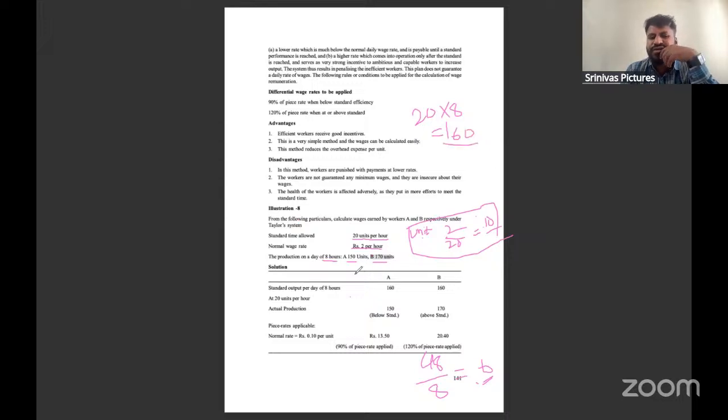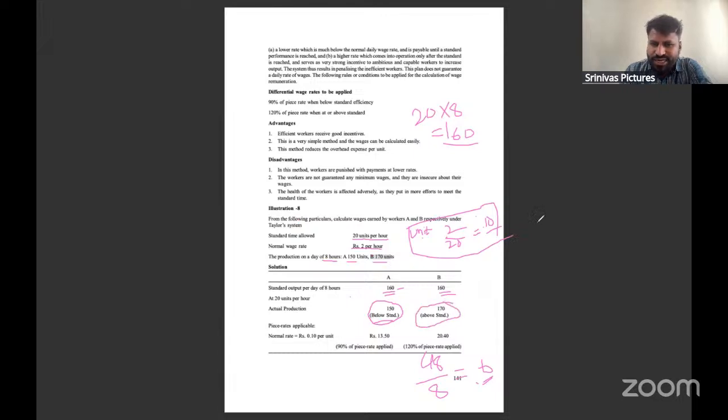This 160 is the standard output. Normally, a laborer can produce 160. But here, how many did A produce? 150 only. So standard is 160, and A is below standard. B produced more than standard.